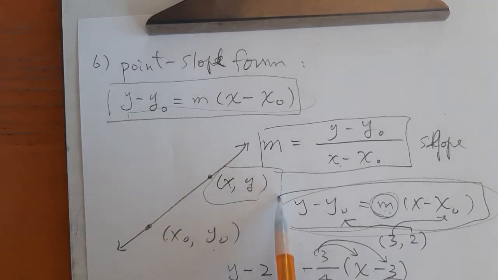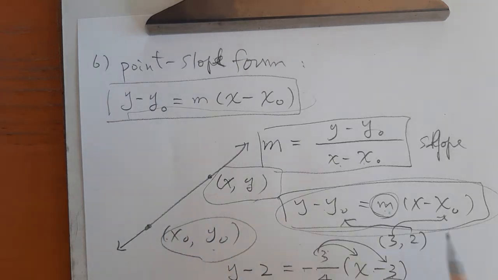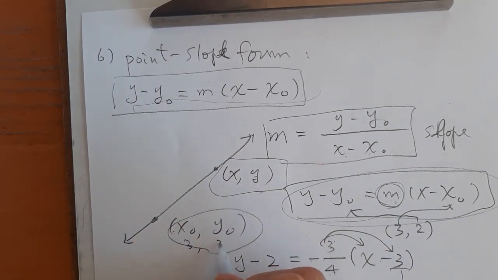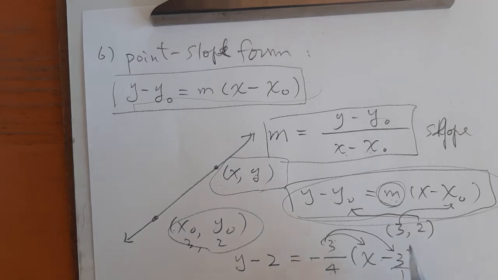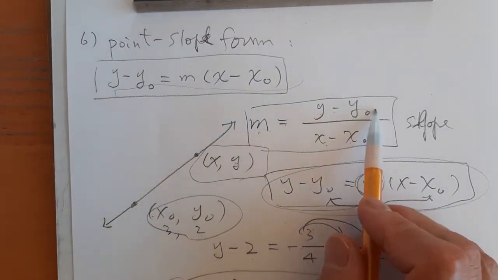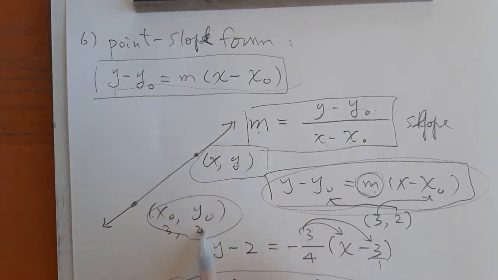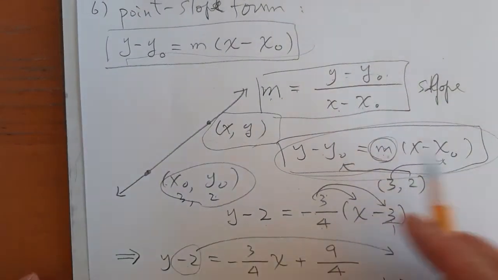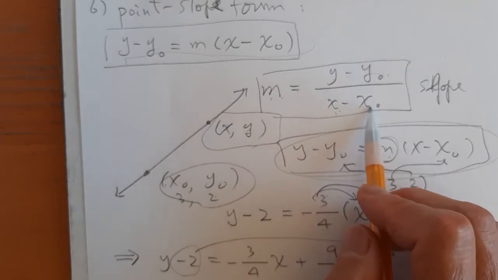One point is a variable, unknown point (x, y). Another is the given point. Like this question, the given point is (3, 2). Then use the slope formula, m equals y minus y0, the difference of y, over the difference of x.